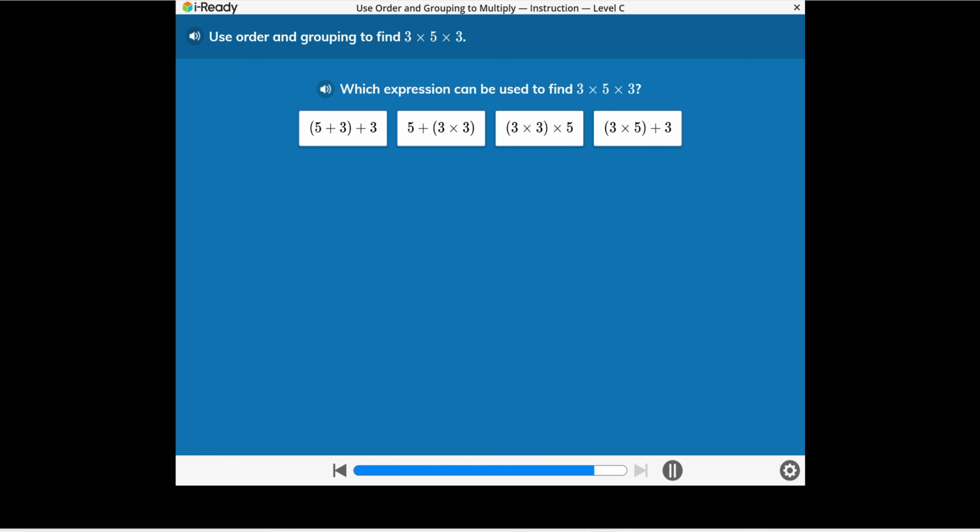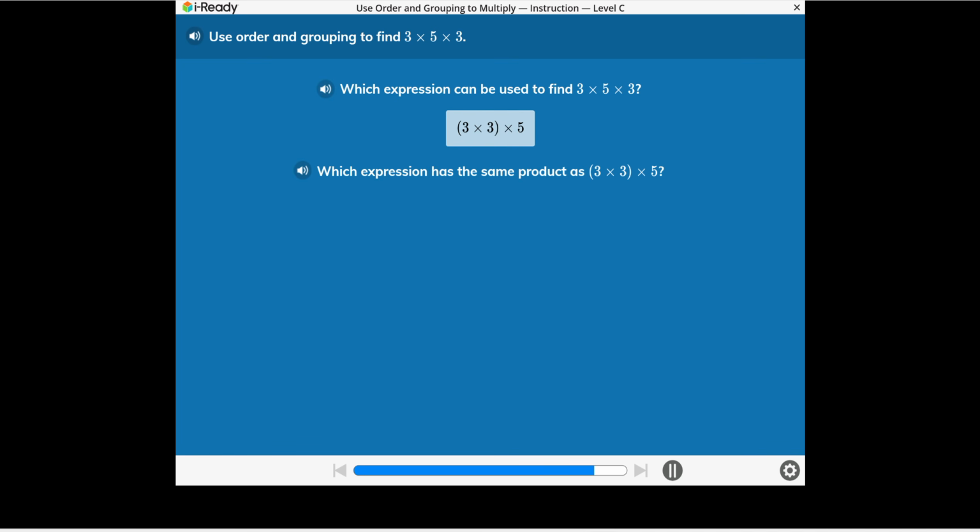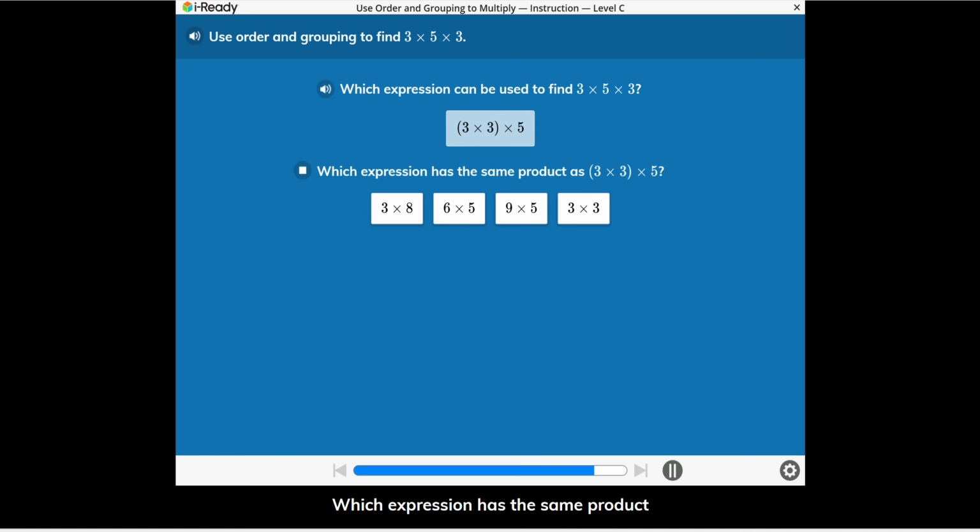Which expression has the same product as 3 times 3 times 5?